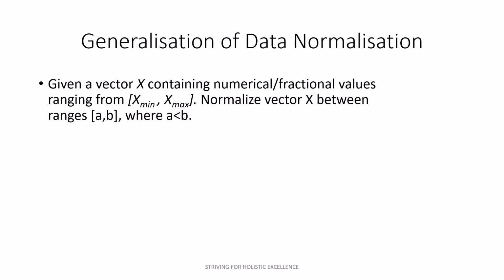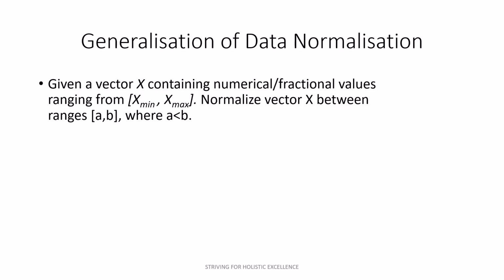Now let us try to generalize this. You are given a vector x containing numerical or fractional values ranging from x min to x max. Like previously we had A to B, here the minimum value of the vector is x min and the maximum is x max. This is the domain.